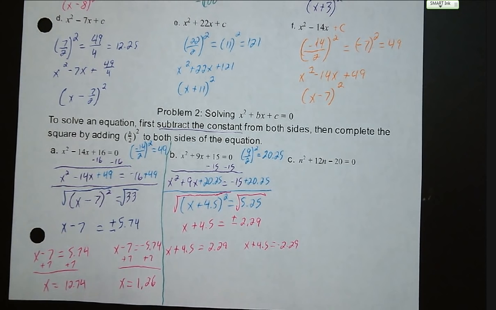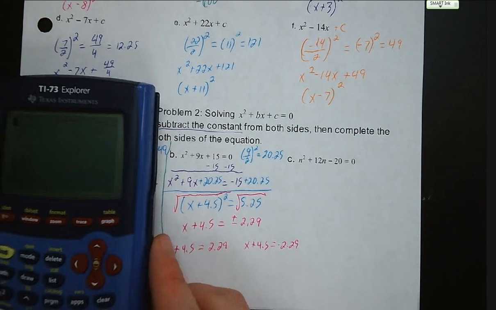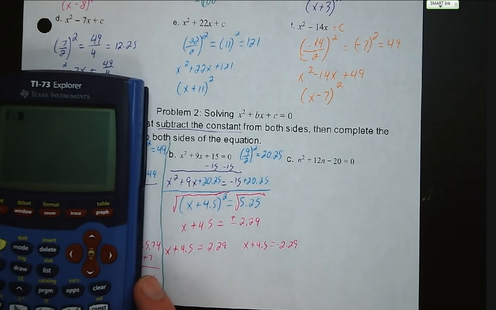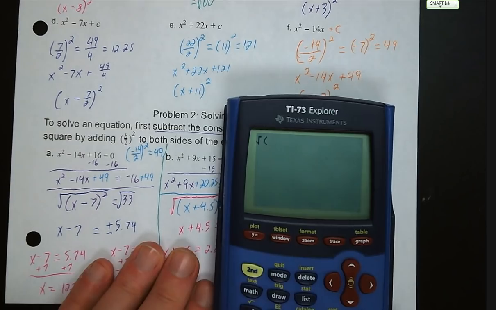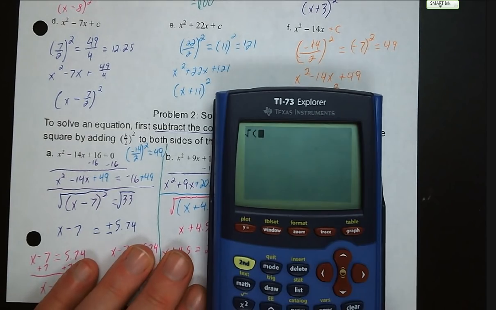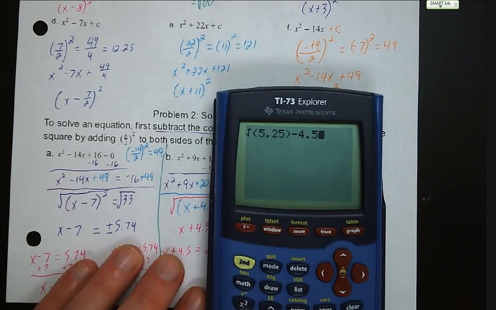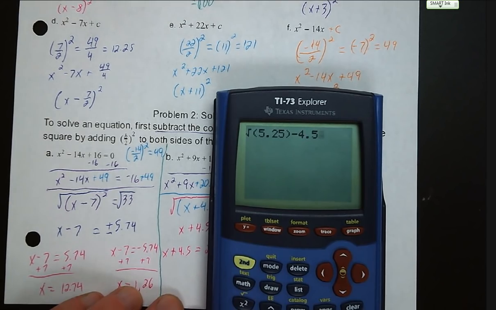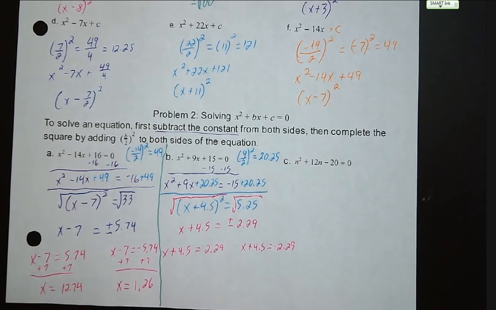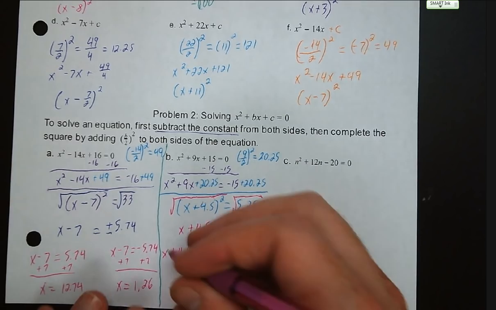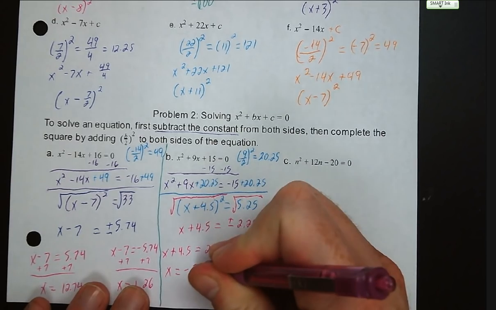Okay. And so let's just show what that would look like. You could do the square root of 5.25 minus 4.5, because that's what we're going to have to do to solve these. We're going to subtract 4.5. And so you would get negative 2.21. So you get x equals negative 2.21.